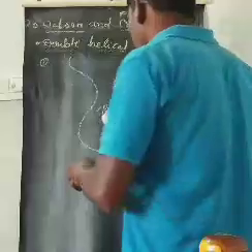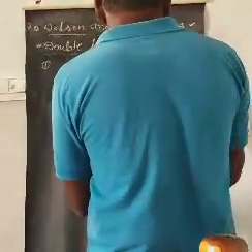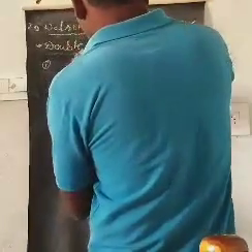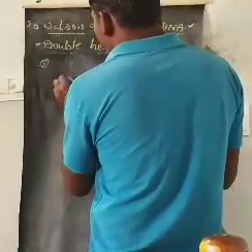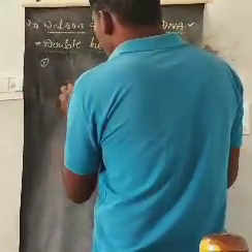For example, you know the nucleotides. Look at the diagram. Those nucleotides contain a pentose sugar.